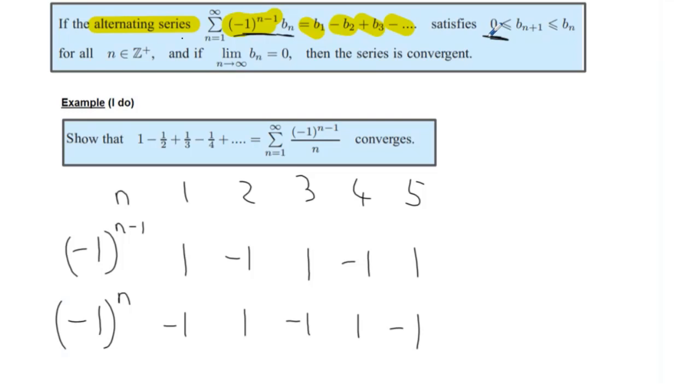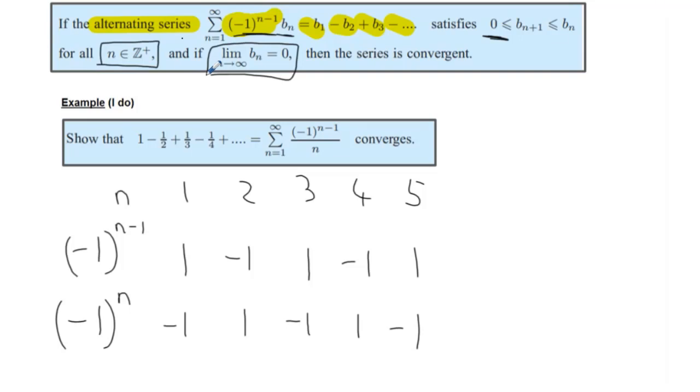So basically, terms are getting smaller. And that must be true for all positive integers n, the natural domain of the series. Also, the limit as n approaches infinity of bn, remember bn is just the sequence part ignoring the signs, must equal 0. So it's much easier than trying to show that the other series converge.